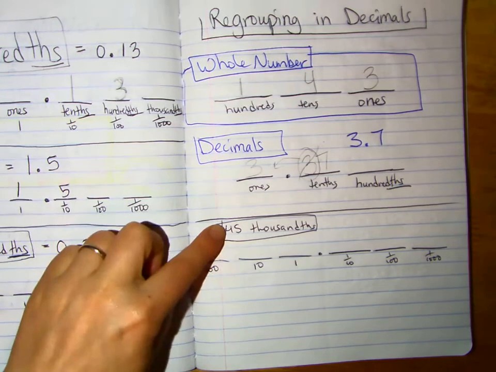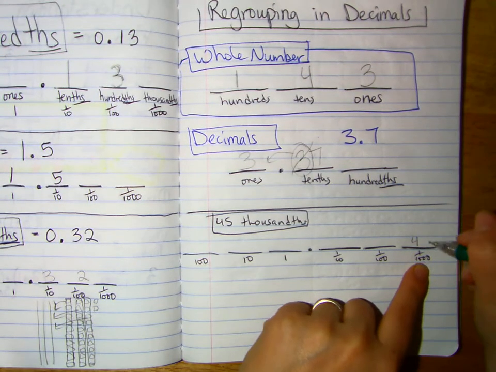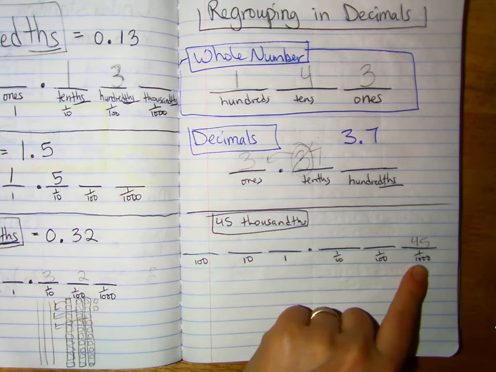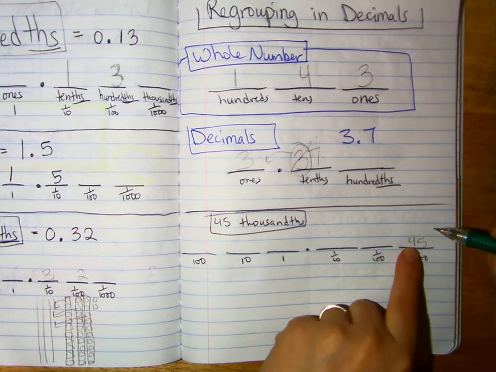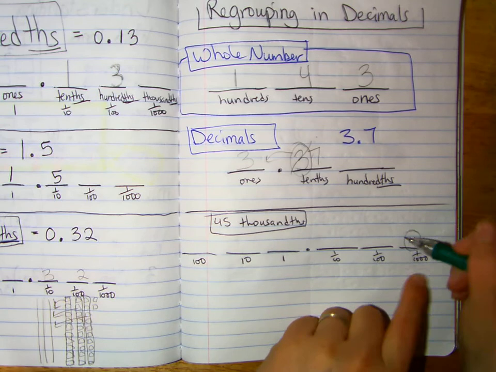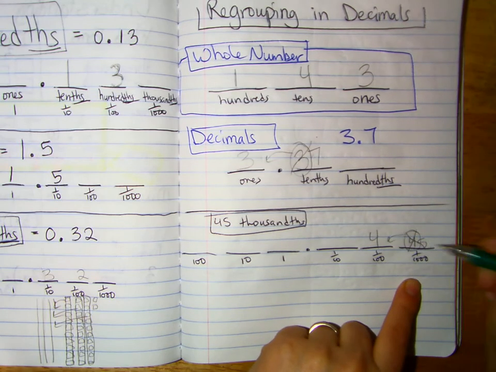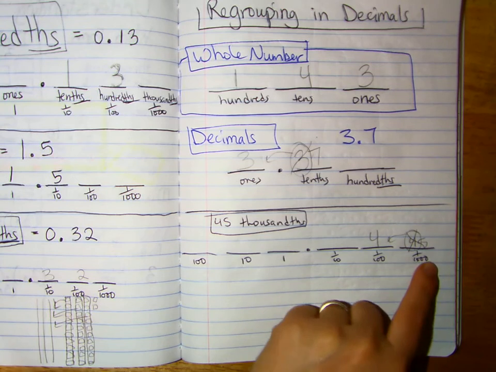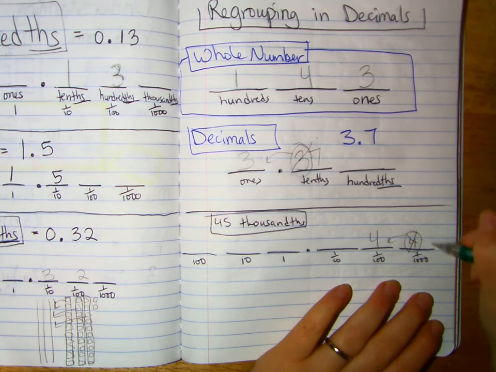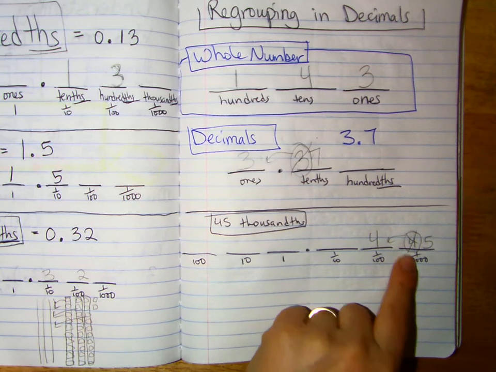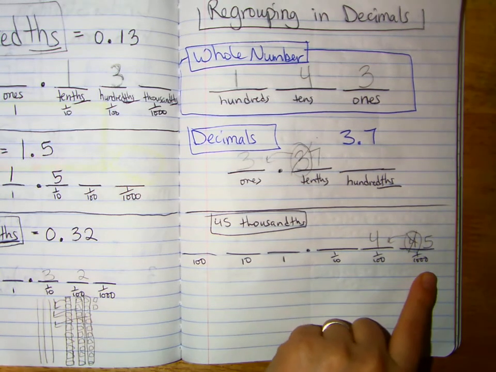And I can take my 45 and I can put it on the line. 45 in the thousandths place. Now I could still draw it out if you like to draw it, but otherwise I'm going to look at it and say 45. The 5 stays, the 4 gets bumped up next door. So now I've got a 4 in the hundredths and a 5 in the thousandths. Let me rewrite that so it doesn't look like I crossed out the 5. There we go. My 45 thousandths became 4 hundredths and 5 thousandths.